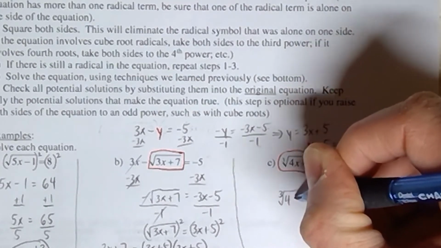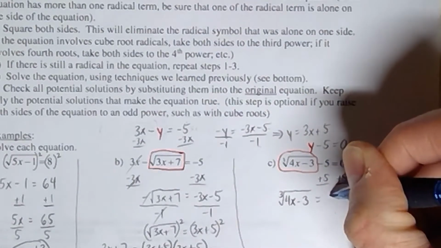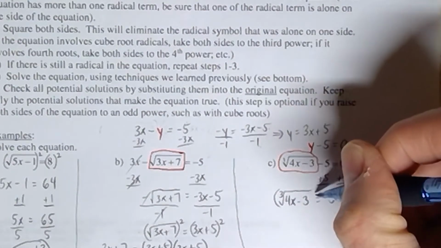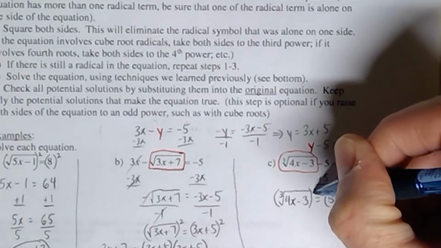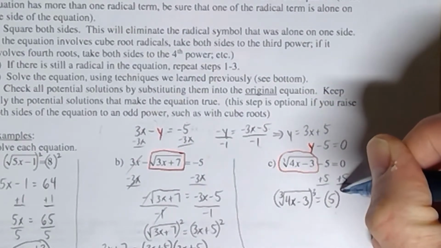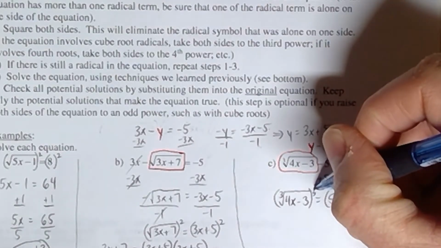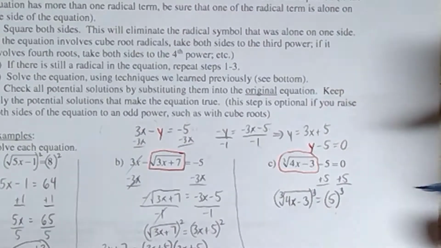And then, just like before, when you get the radical by itself, that's when you move on to the next step. All right, but because it's a cube root, we still put a bracket around the entire left side and the entire right side. That hasn't changed. But the difference is that instead of squaring both sides, which I almost did right there, I changed it, we are going to cube both sides. All right.